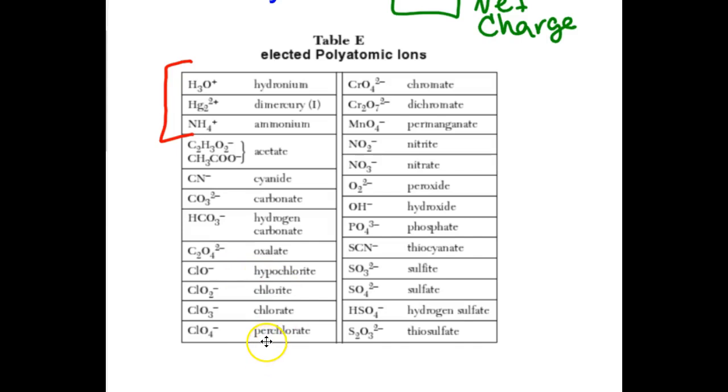Per means above, so it's above chlorate, so this is called perchlorate. So that's why these are grouped together. You'll see also nitrite and nitrate are grouped together, and sulfite and sulfate, as well as hydrogen sulfate, are grouped together. So kind of alphabetical, but also grouped by classification.